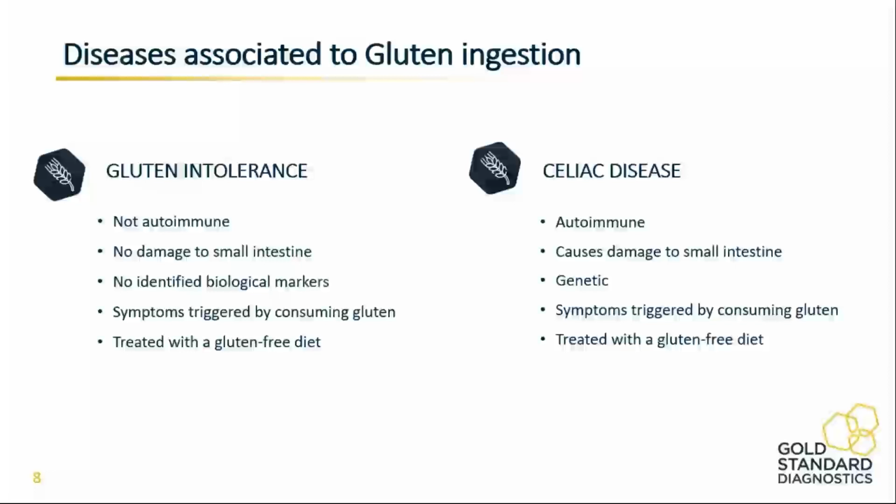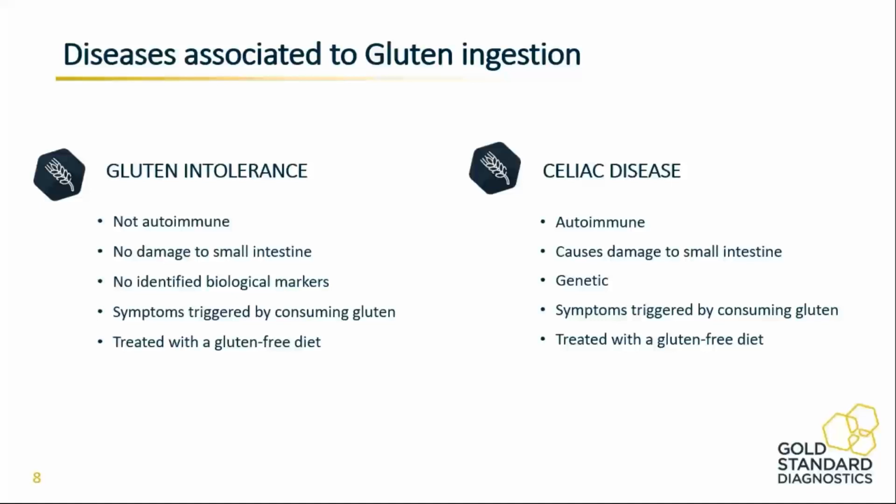The disease mainly associated with gluten ingestion is celiac disease, but we can also find gluten intolerance. Both are different. Celiac disease is an autoimmune disease and causes damage in the small intestine. In the case of gluten intolerance, it's completely different: it can cause other symptoms, but not in the small intestine.